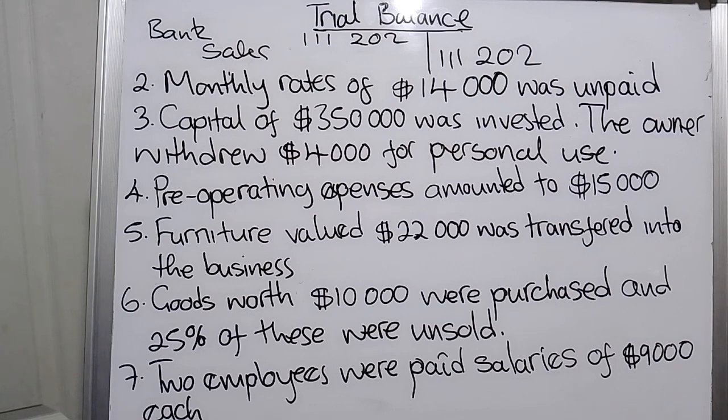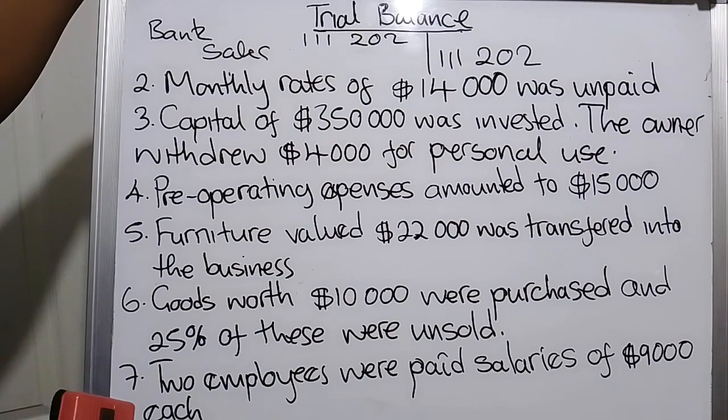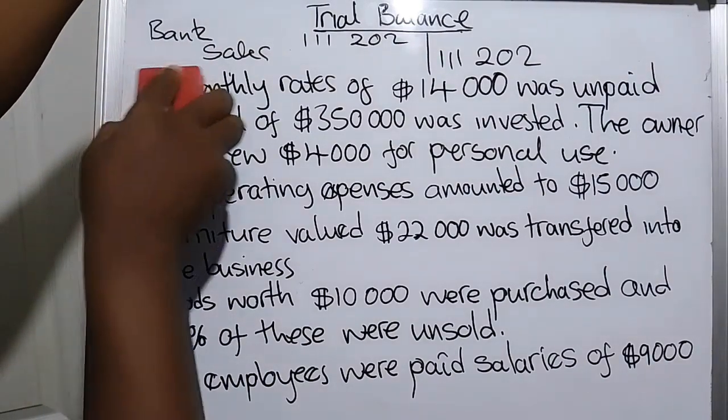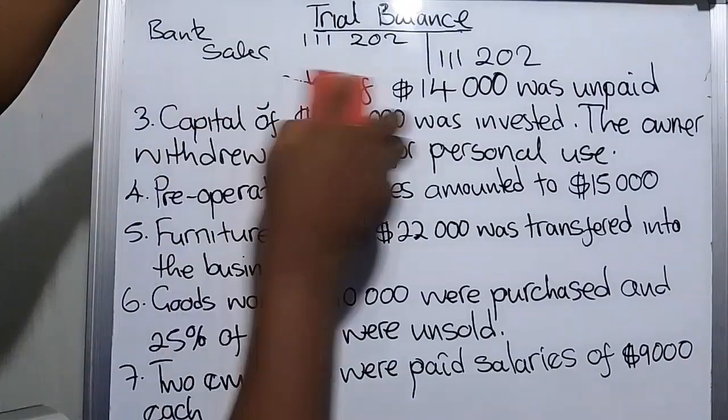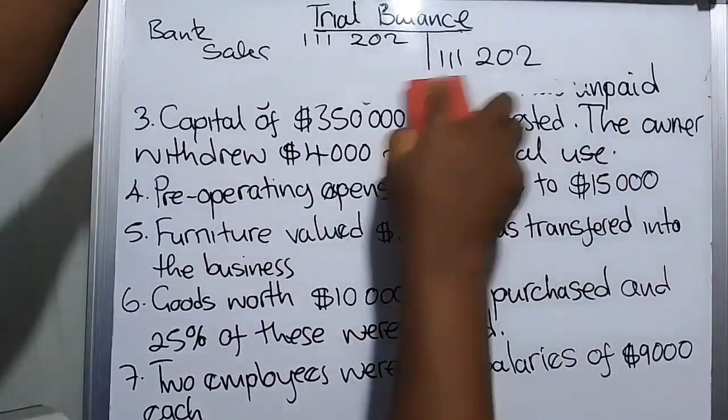The second journal entry is for this statement, which says monthly rates of 14,000 were unpaid.